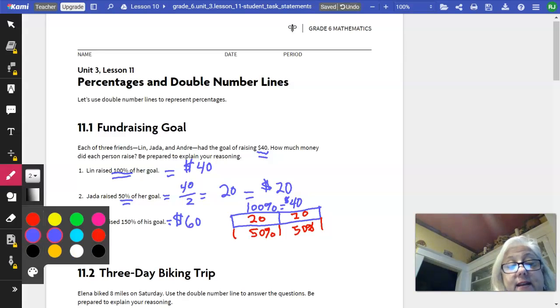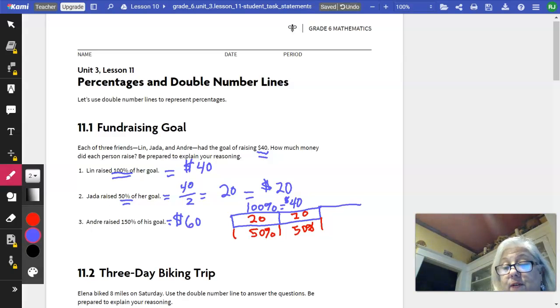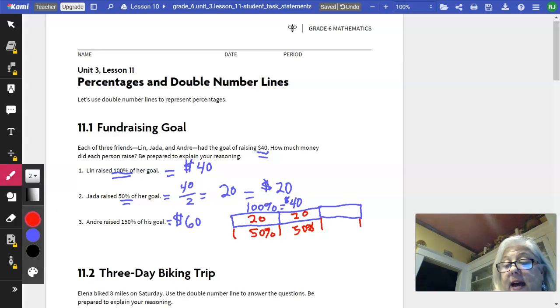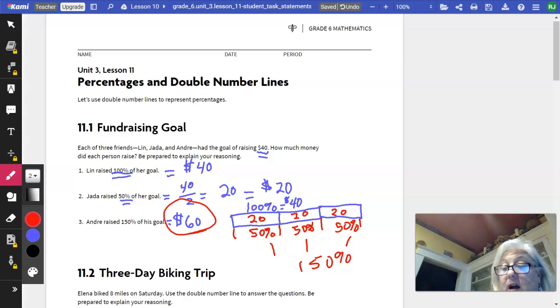Well, I can add another 50%, and that would give me 50 plus 50 plus 50. That would give me 150%. Well, if 50% here is 20, and 50% here is 20, and 50% here is 20, that would be 20, 40, 60. So that's how we get our $60.